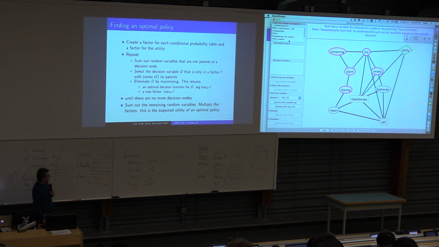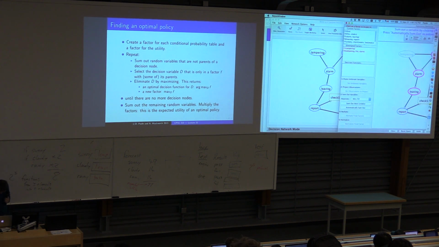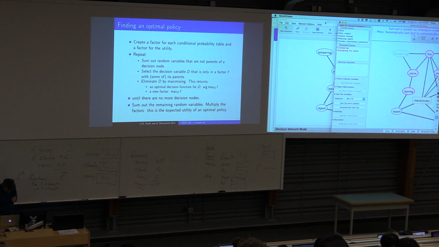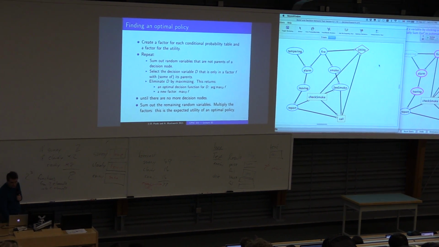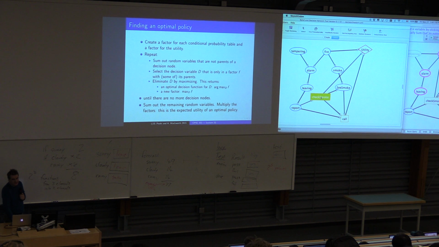So what variables can I sum out? I want to sum out a variable that's not a parent of a decision node. So start telling me variables I can sum out. Tampering, right? That's not. What else? The parents of decision nodes were report, check smoke, see smoke.